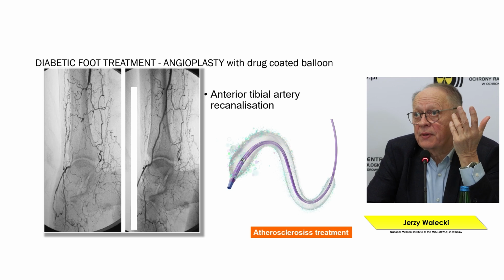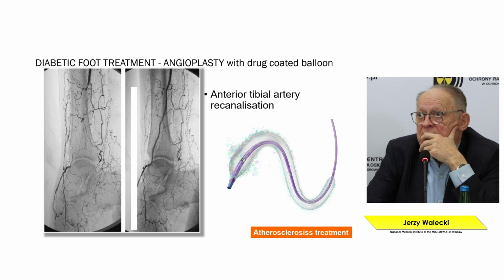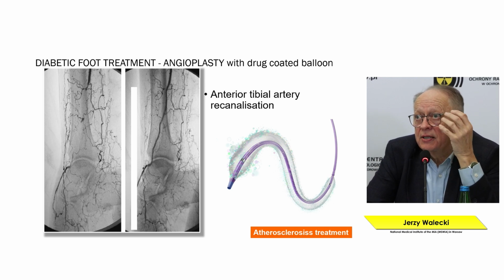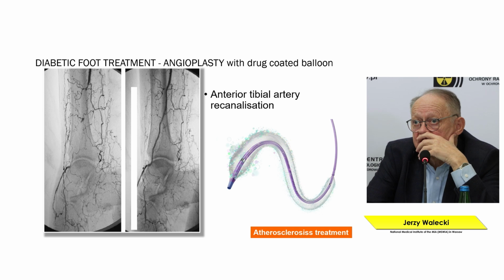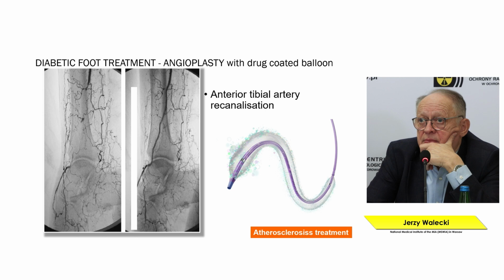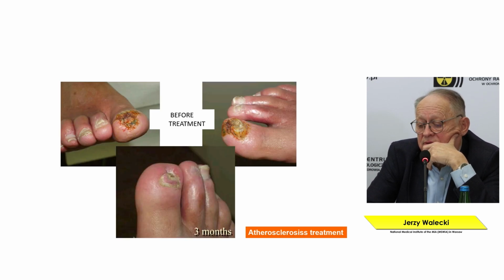This is a very important slide. It's about introducing balloons, catheters, which provide this extension. They are very important for the purpose of therapy to recanalize the tibial artery. This is a tibia artery, so the peripheral vessels are extended by using the balloon, and this problem is caused by diabetes.